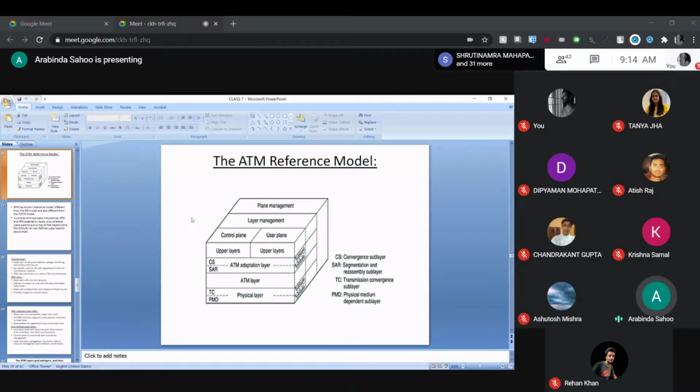So in last class, I think we already started this ATM reference model. Yes or no? Yes. Whether we have started this ATM reference model, or whether you are listening or not.